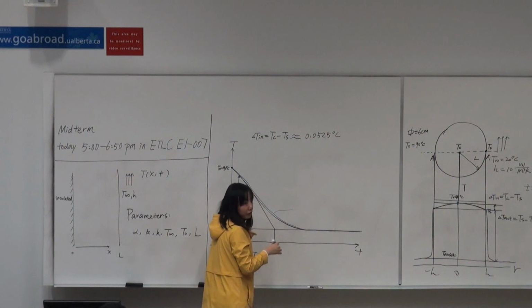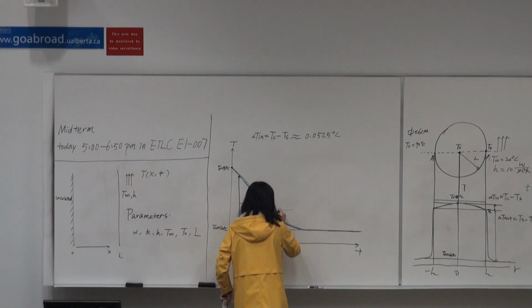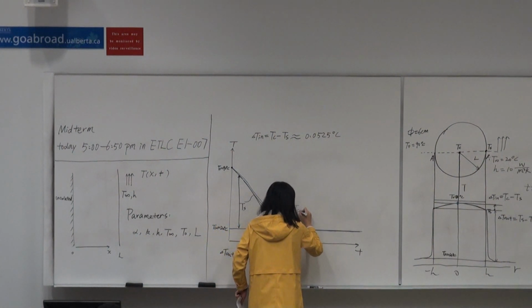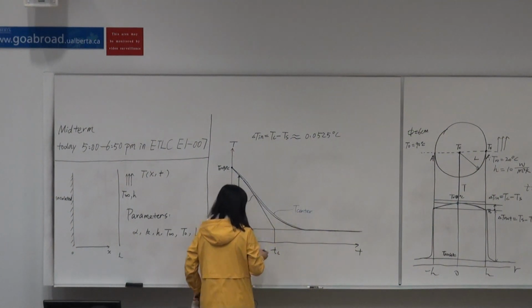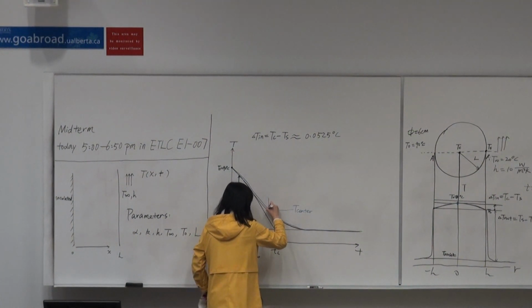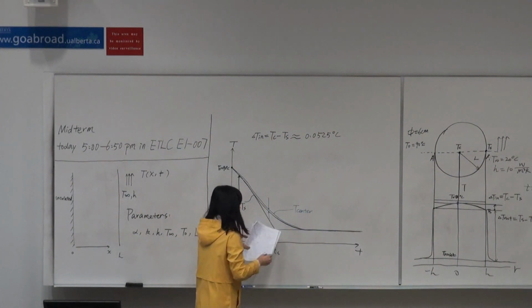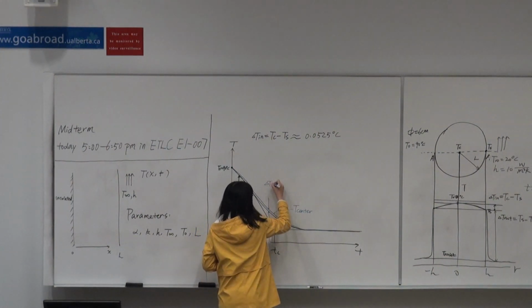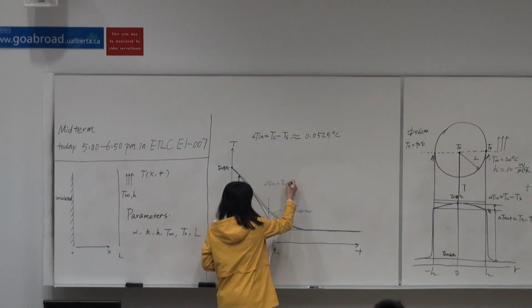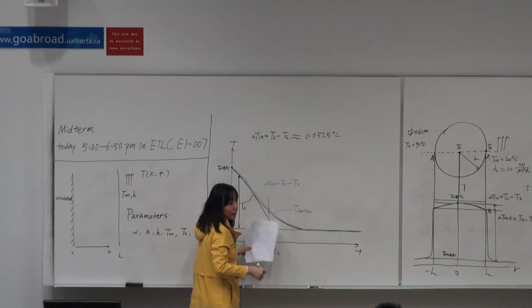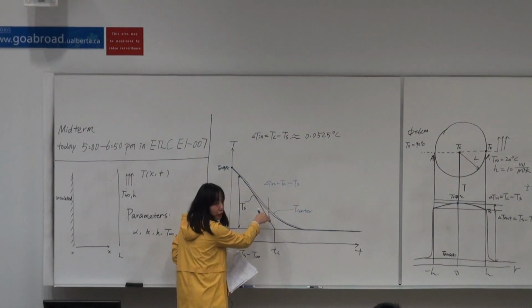The blue curve is the temperature evolution for our center, and we mark the temperature difference as a delta T between those two curves.